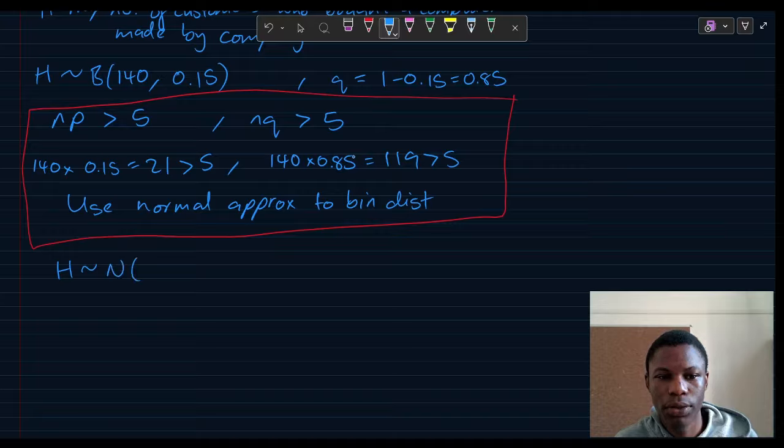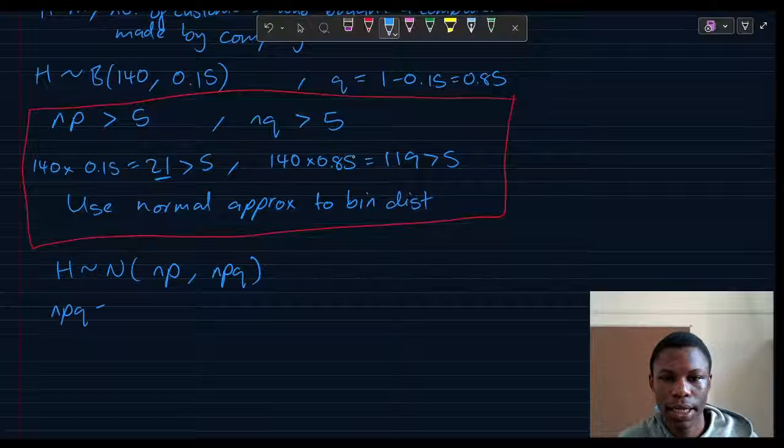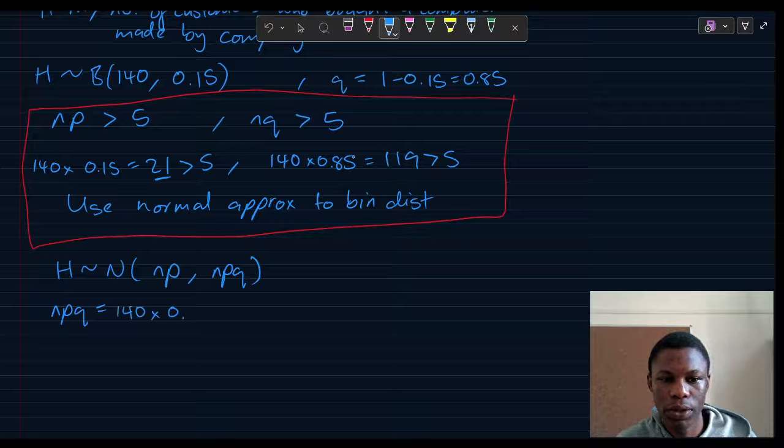Okay, so we know that if we can use a normal approximation, then H is going to follow a normal distribution with the parameters, the mean being np, which is the mean of a binomial distribution, the variance being npq, which is the variance of a binomial distribution. So np we already calculated to be 21. We need to find what npq is. npq would be 140 times our p, 0.15, times our q, 0.85.